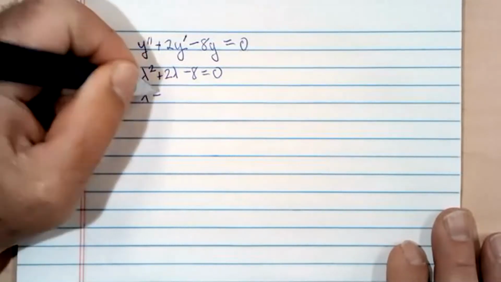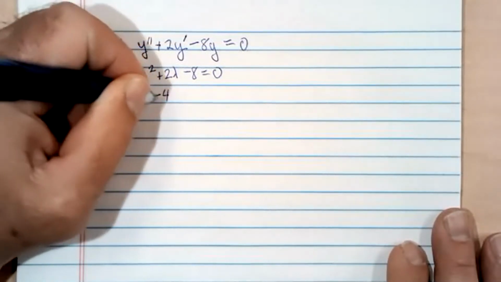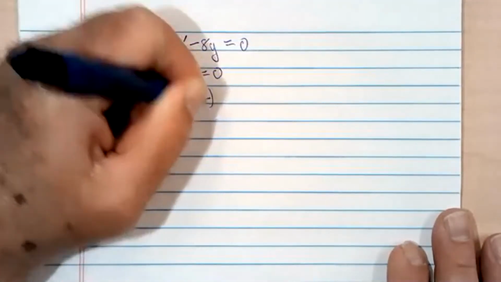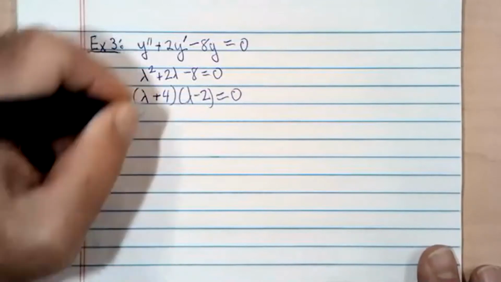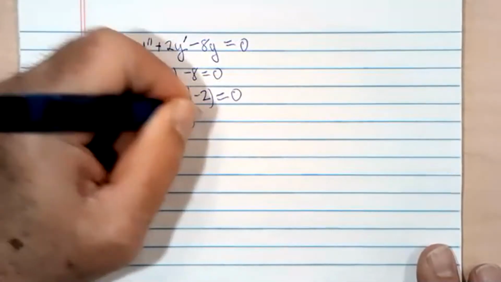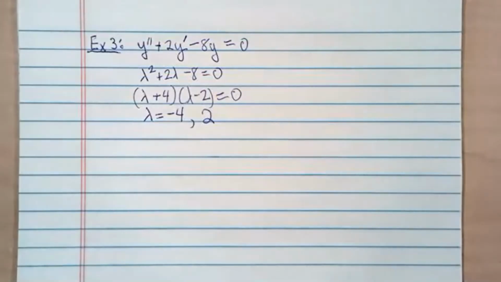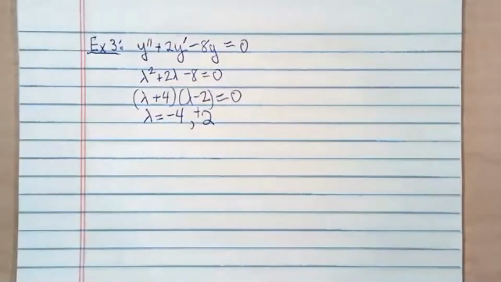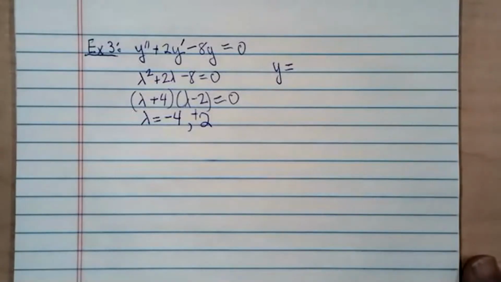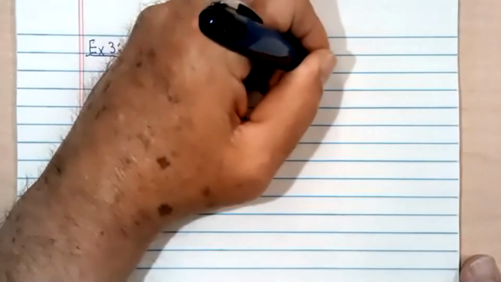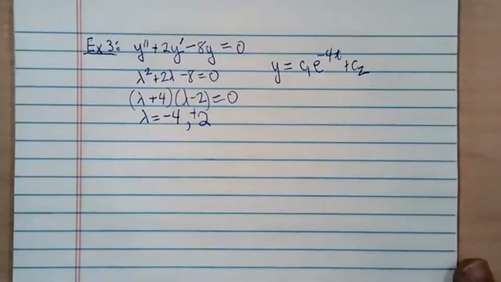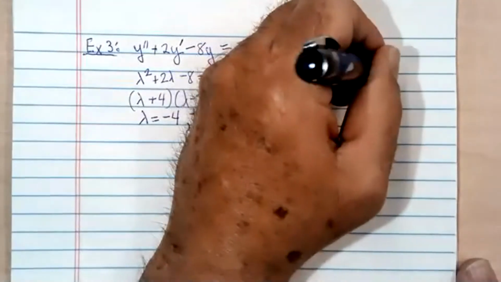Factor it: lambda plus 4, lambda minus 2. So you've got one negative eigenvalue and one positive eigenvalue. And the general solution is C1 e to the minus 4t plus C2 e to the plus 2t.